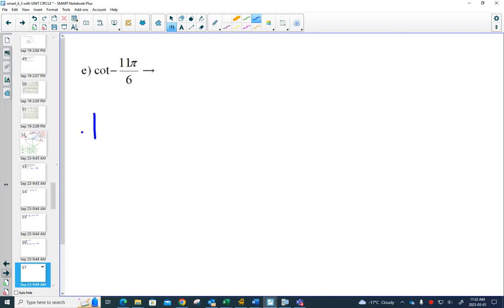Same thing, cotangent, negative 11 pi over 6. I'm going to think first to figure out tangent of negative 11 pi over 6. Obvious that your reference angle is pi over 6. Now, one of the things I find helpful for thinking in the negative direction, okay?